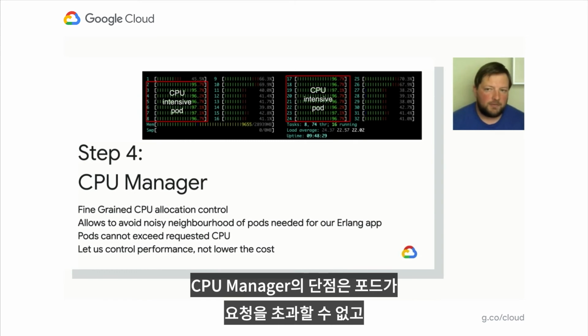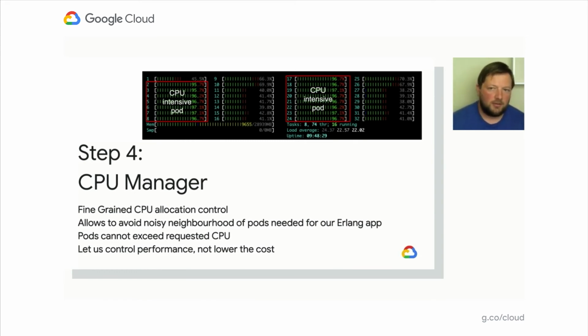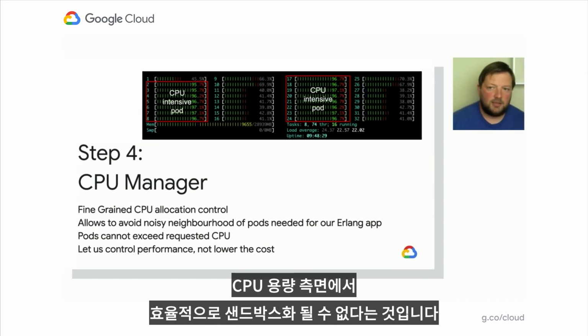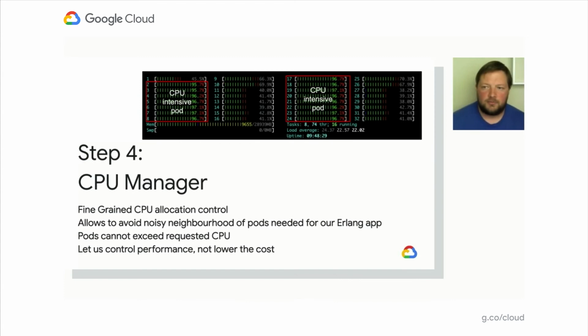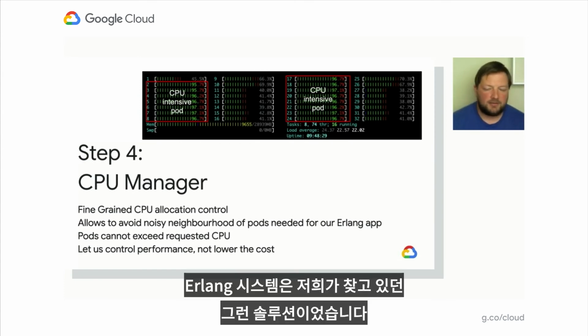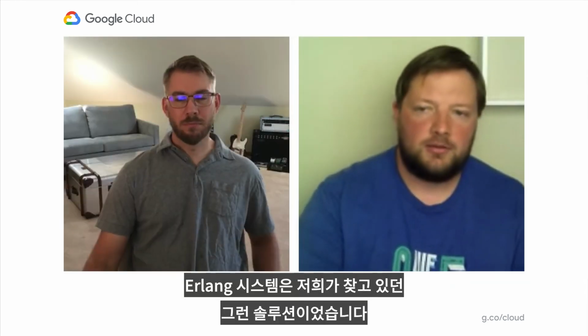The flip side of CPU Manager is that pods cannot exceed their requests and are efficiently sandboxed in terms of CPU capacity. For our Erlang systems, that's exactly what we wanted.